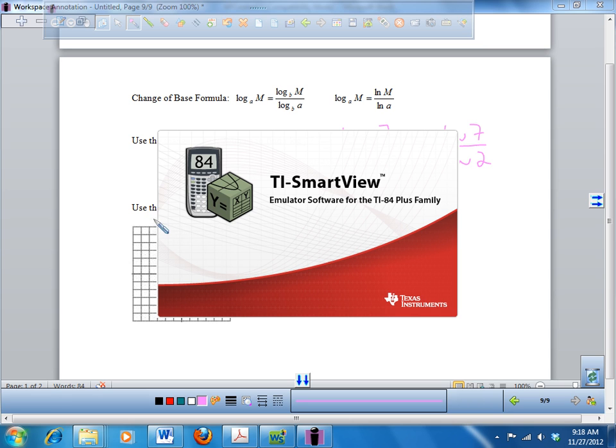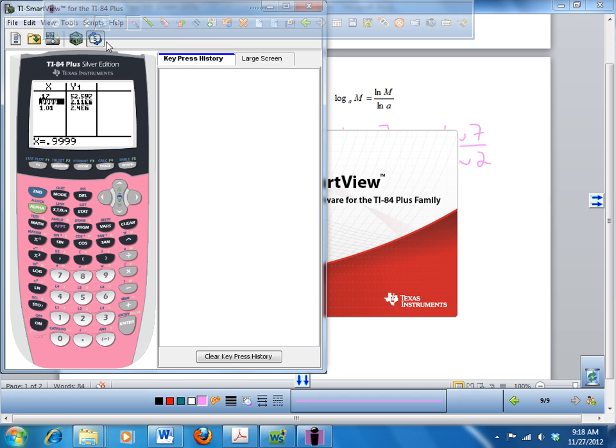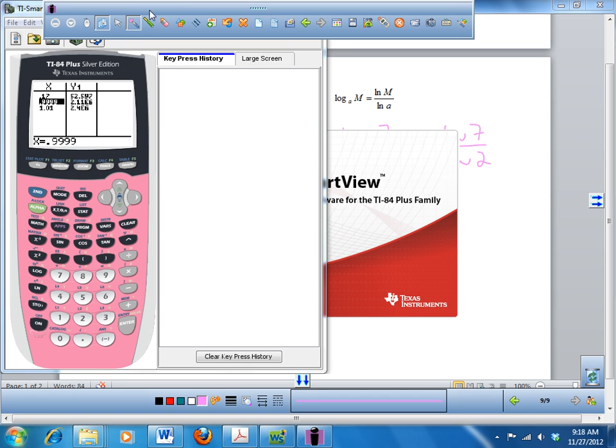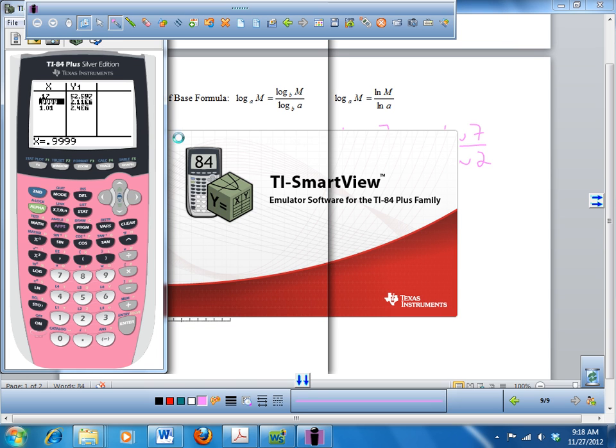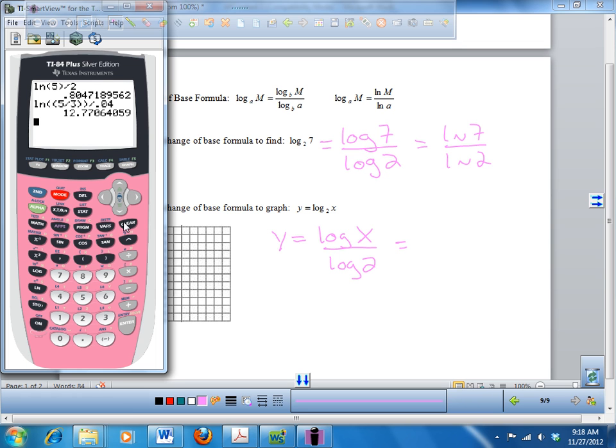You can either use natural log or base 10 log, it doesn't matter. Let's just do that.